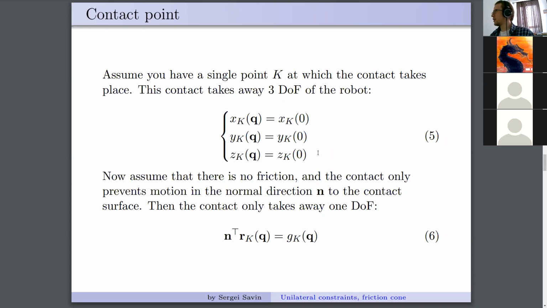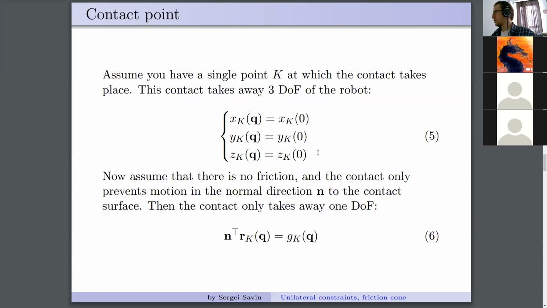Okay. Now assume that you don't have friction force. So you have a contact point, and you have a normal vector n. You can see it in the second line, in the second paragraph. Normal direction n.